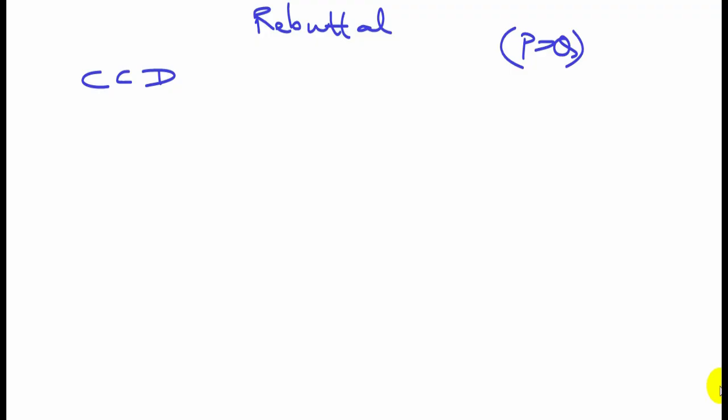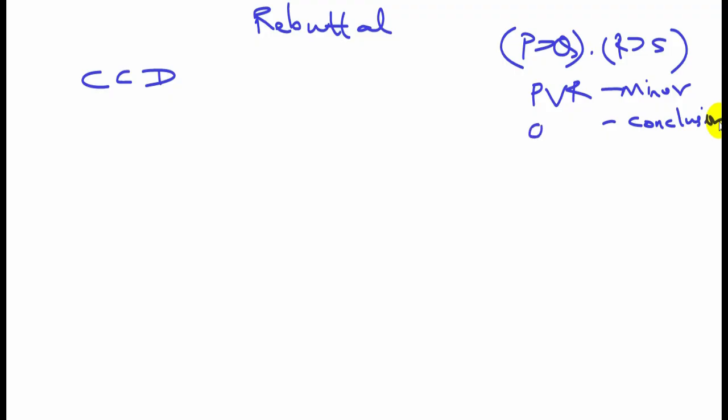In a complex constructive dilemma, we first write both the statements, P implies Q and R implies S, and then the minor premise would state P or R, and the conclusion would state Q or S.